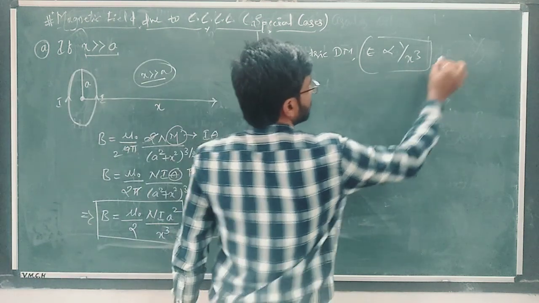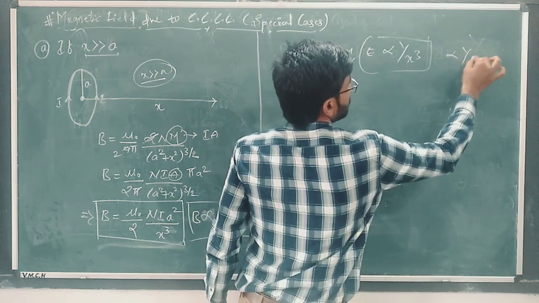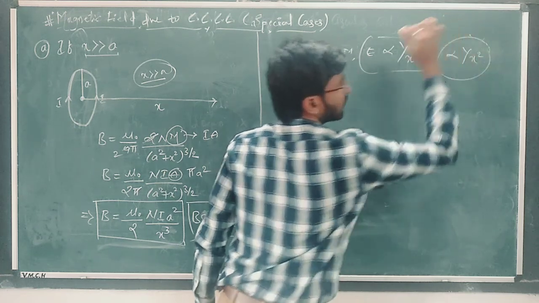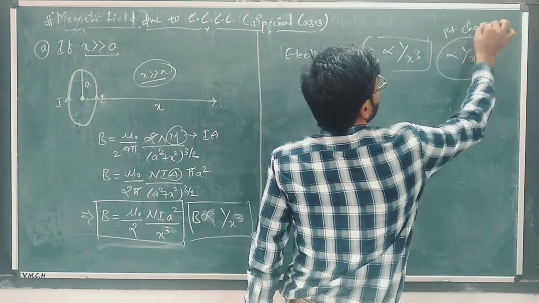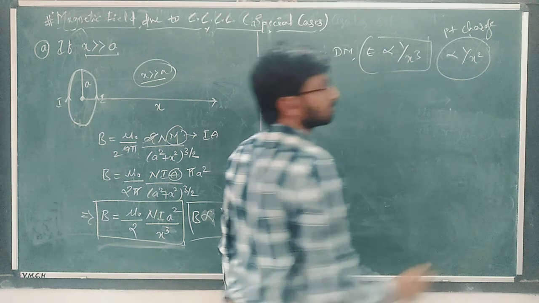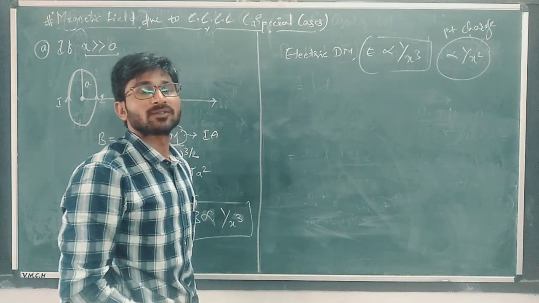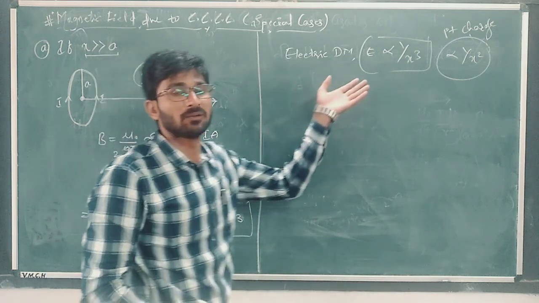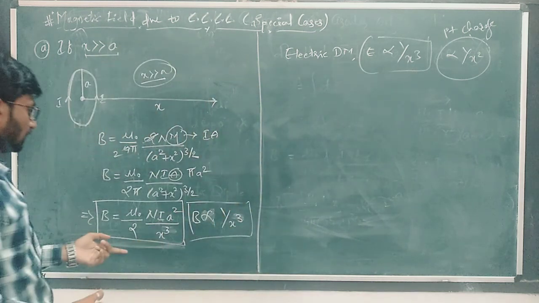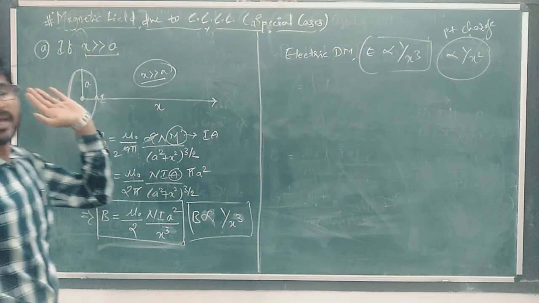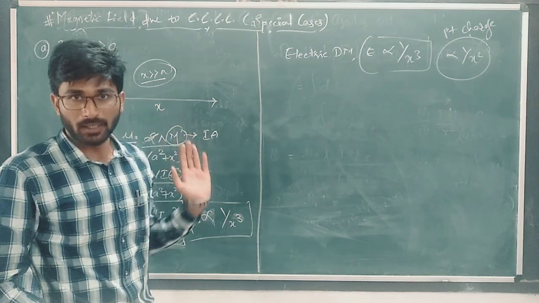If instead it were inversely proportional to x square, that would be for a point charge, 1 by x square. We already studied all these things for electric dipole moments. So this is the case when x is very much larger than a.